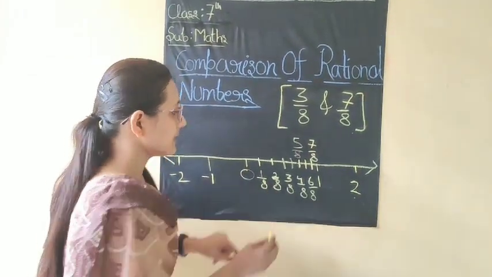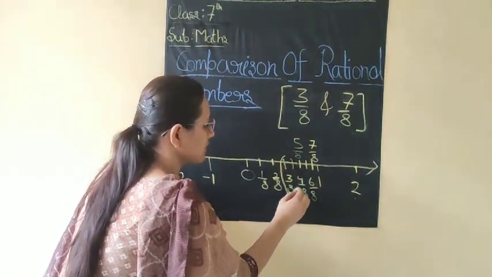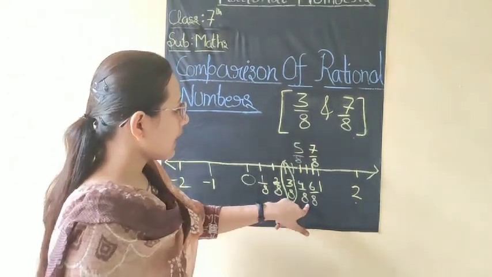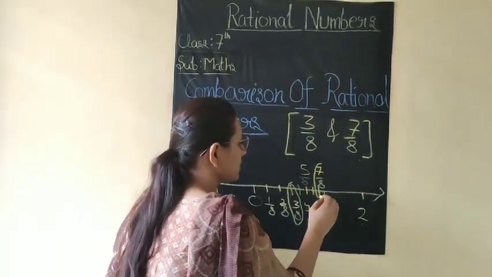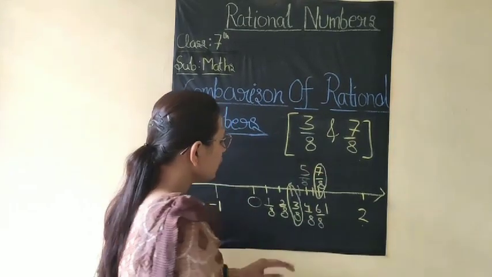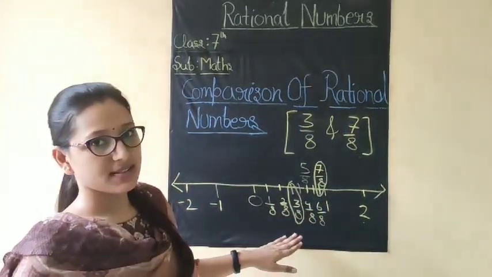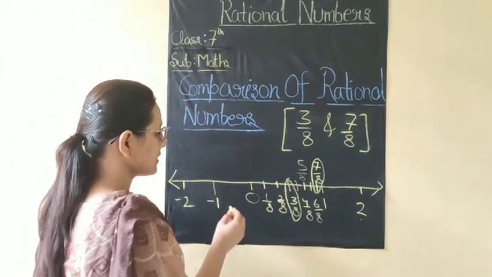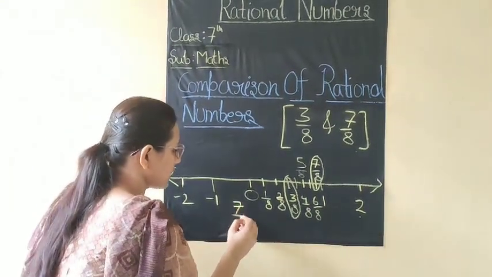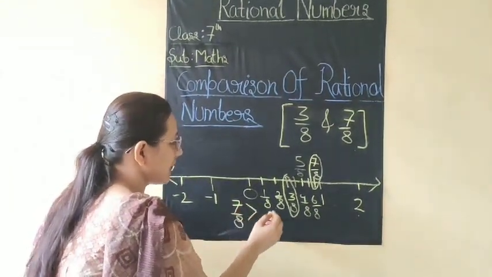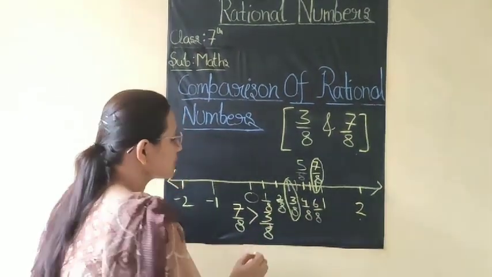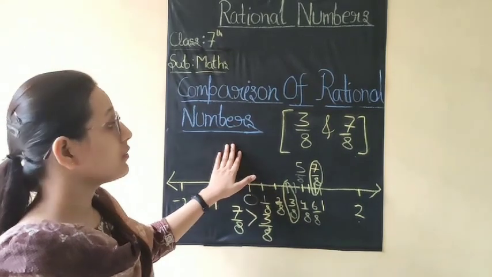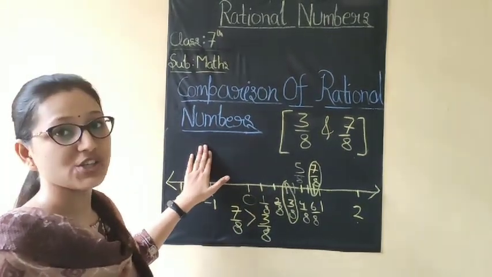So there is 3 by 8 and 7 by 8. Let us mark it. So which rational number is greater? We know that 7 by 8 is greater than 3 by 8. So in this way we will do comparison of rational numbers.